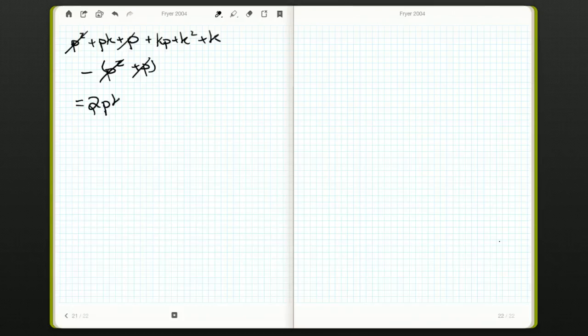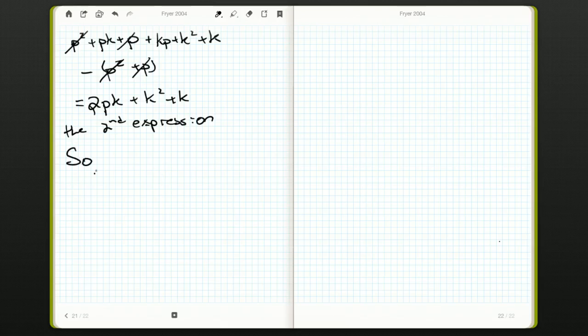Equals 2PK plus K squared plus K. So that's the second expression. I really hope this doesn't lead to a dead end, but I don't think so, because there wasn't an obvious approach to the problem, and this was really the only pattern I could see with the given numbers, the given examples.